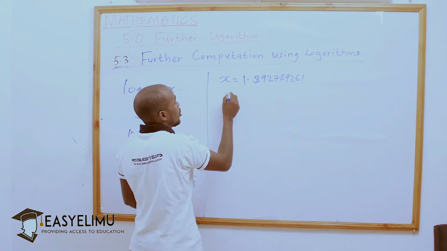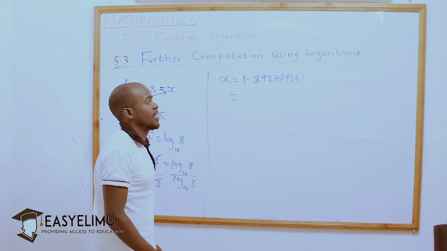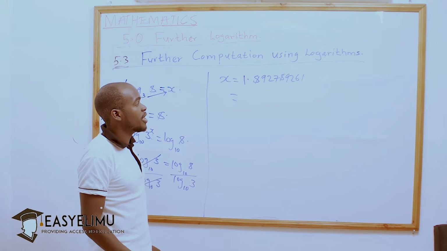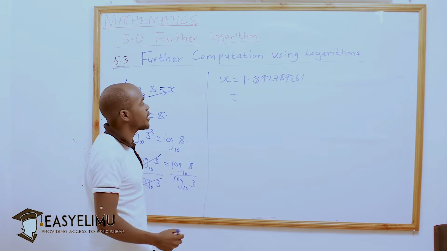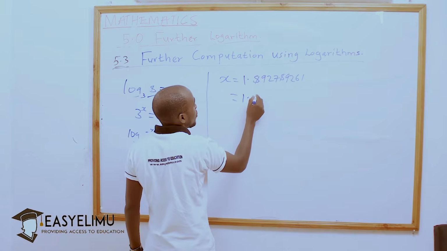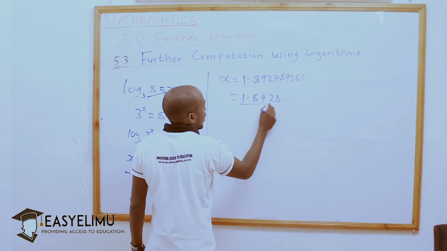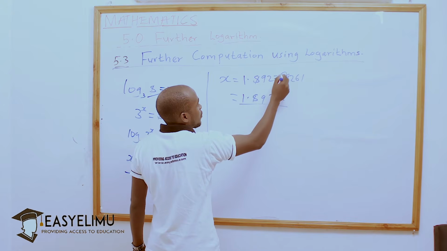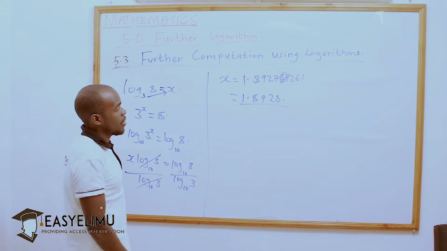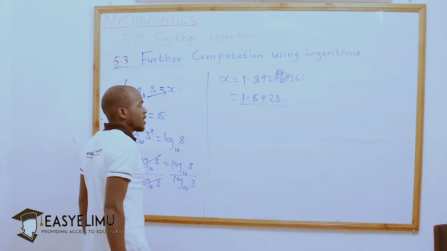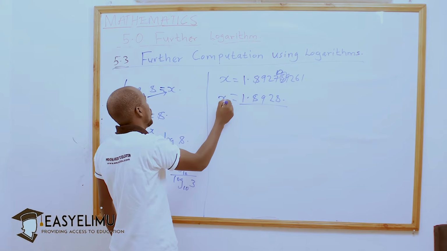1.8927892661. Let's just take it to 4 decimal places. If it is to 4 decimal places, we shall round off, and we shall have 1.8928 as the value of x.